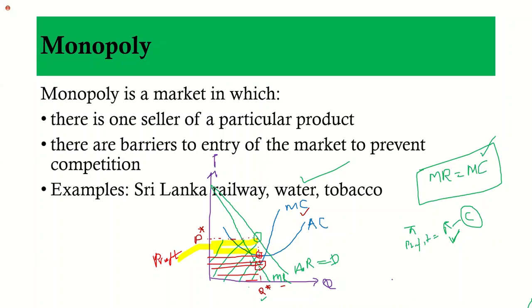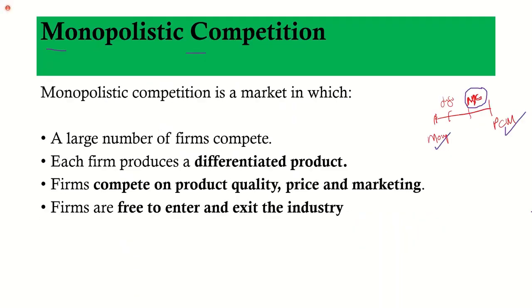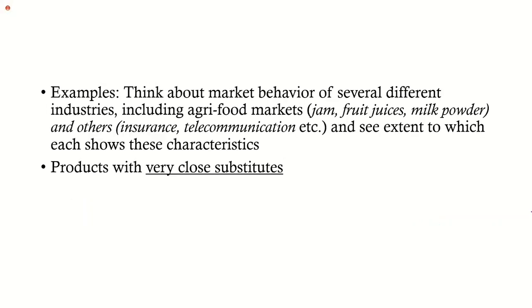When there are substitutes, the demand curve becomes relatively inelastic, isn't it? So the demand curve is sloped, but the price structure is the same. Revenue, cost, profit, you can find. So that's monopolistic competition. There are very close substitutes.